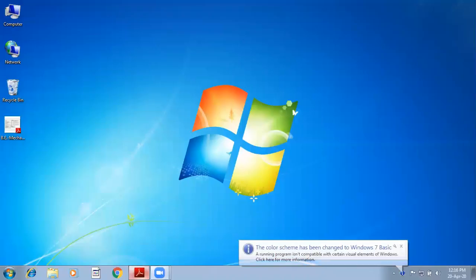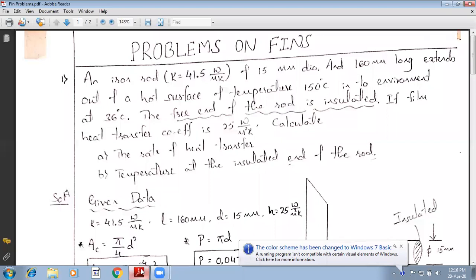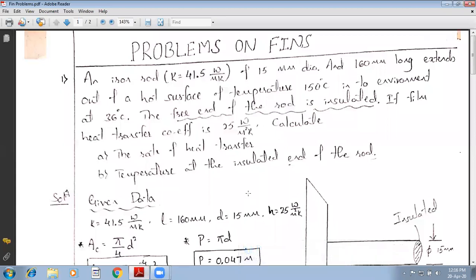In today's class, we will discuss a couple of problems on fins. Now the first problem goes like this. An iron rod whose thermal conductivity is 41.5 watt per meter Kelvin, of 15 mm diameter and 160 mm long, extends out of a hot surface of temperature 150 degrees Celsius into an environment at 36 degrees Celsius.